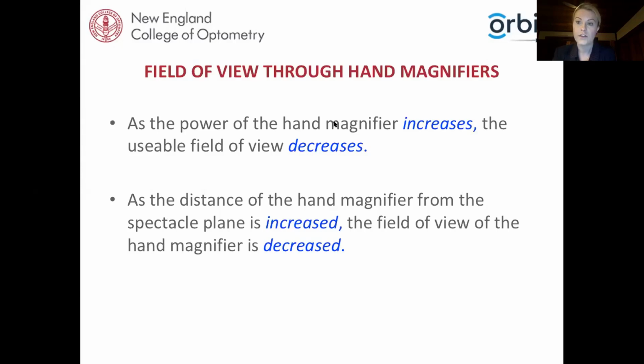So there's two factors that affect field of view. One is the power that you're prescribing. So we don't want to over-prescribe magnification because a patient will lose some field of view, but we also lose field of view as we're holding that magnifier away from the spectacle plane.